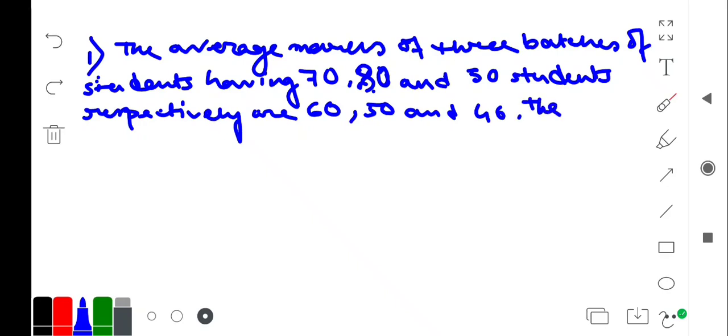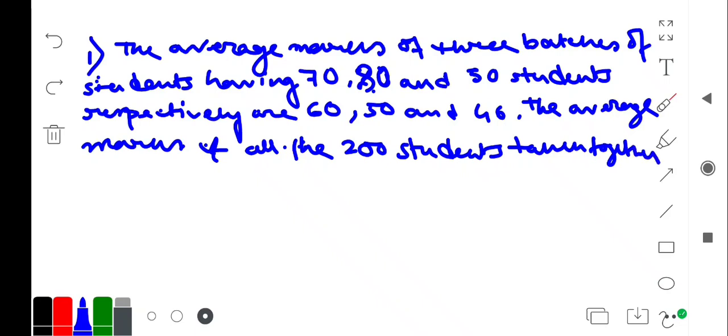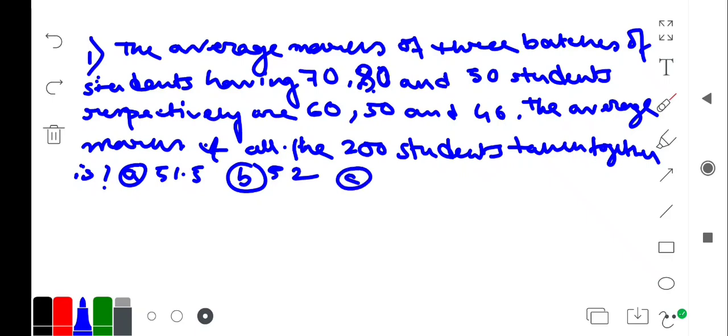The average marks of all the 200 students taken together is: option A is 51.5, option B is 52, option C is 52.5, option D is 53.